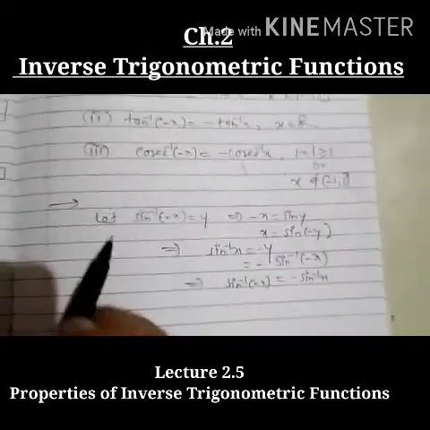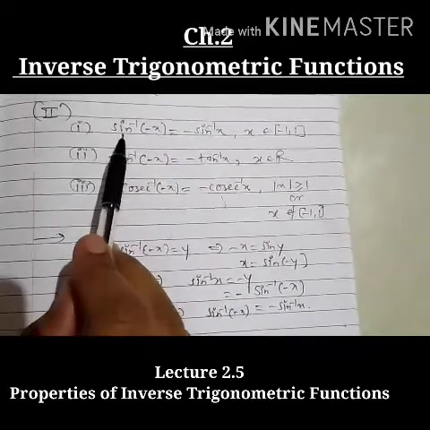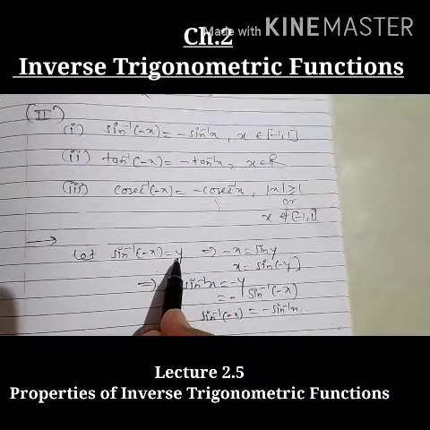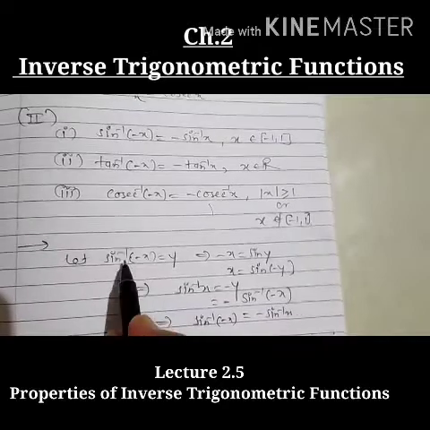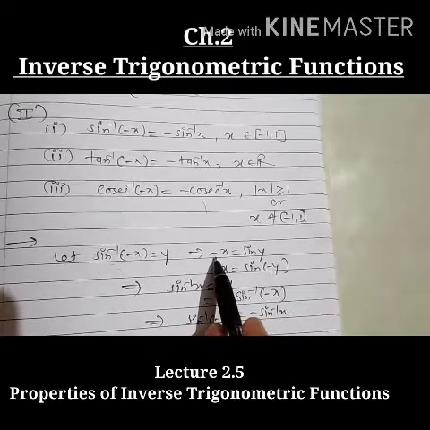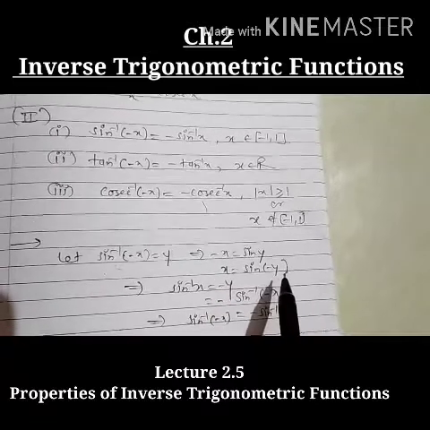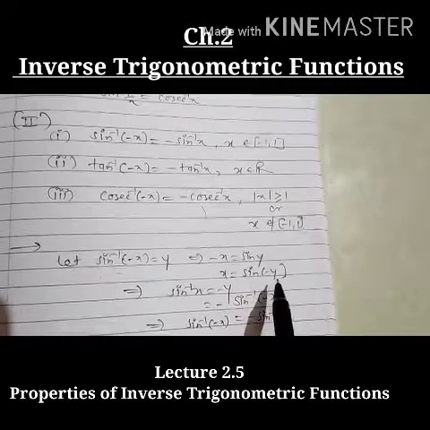I'll repeat this. What we have considered is sine inverse of minus x equal to y. We have to prove that sine inverse of minus x is minus sine inverse x. So if sine inverse of minus x is y, can we write minus x equal to sine of y? So x will be minus sine of y. And we know that minus sine of y we can write as sine of minus y.